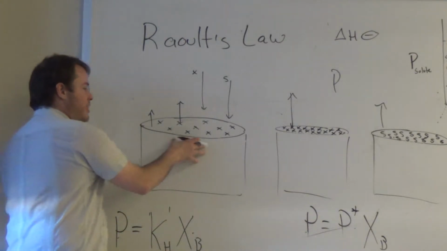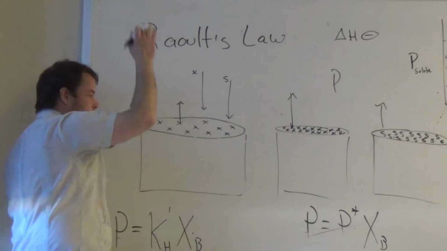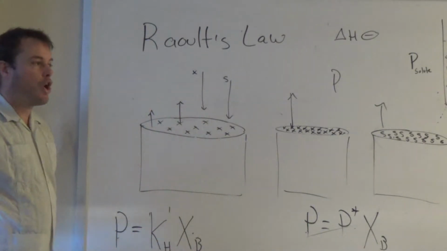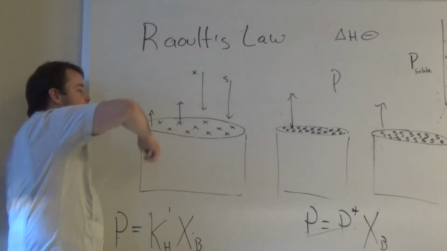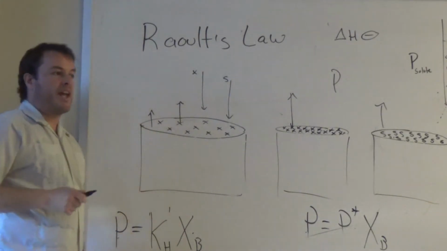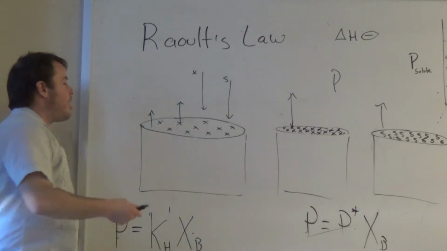So if the vapor pressure is pushing on the atmosphere with some pressure that's larger than the pressure that the atmosphere is pushing back with, you'll get spontaneous movement from the liquid phase into the gas phase, right? We talked about that.